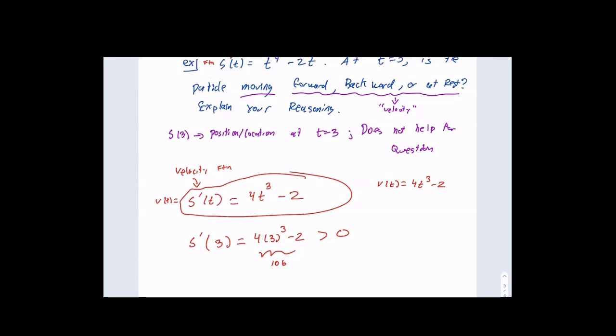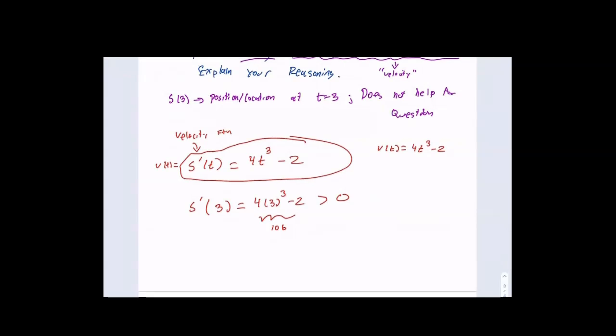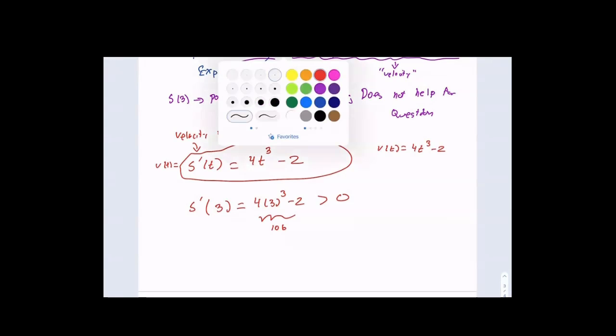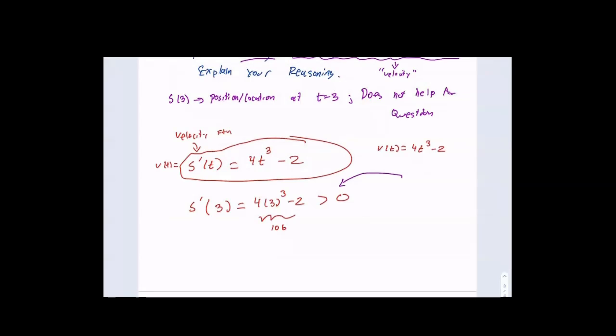The question is just asking me, moving forward or backward at time equals 3. So this right here, that right there is the explanation. Greater than 0. So the particle is moving how?